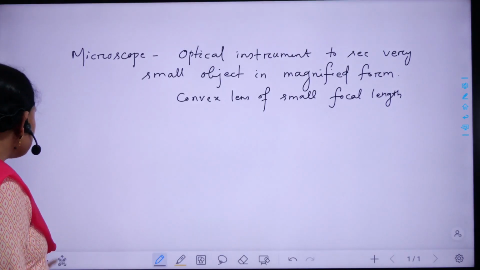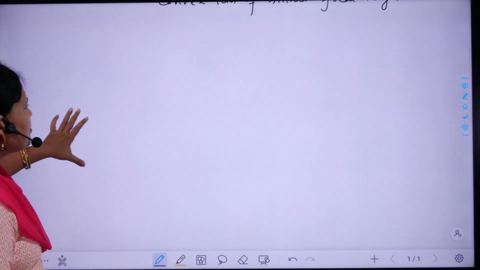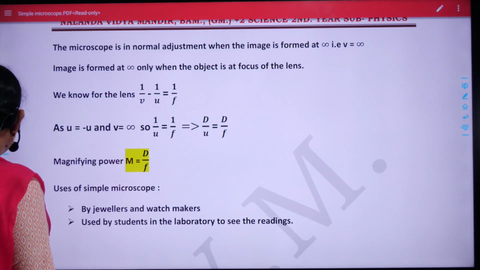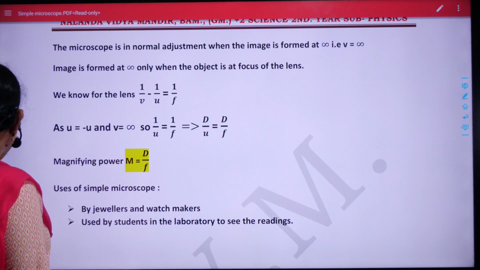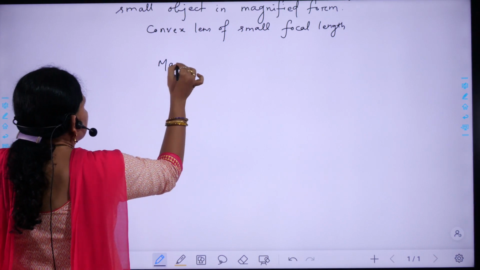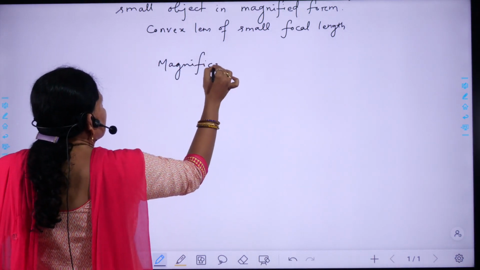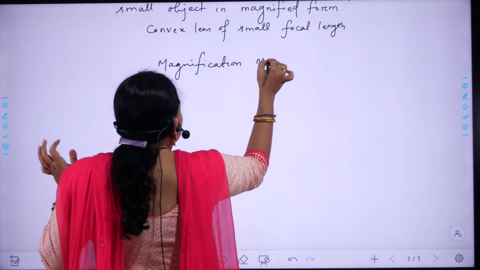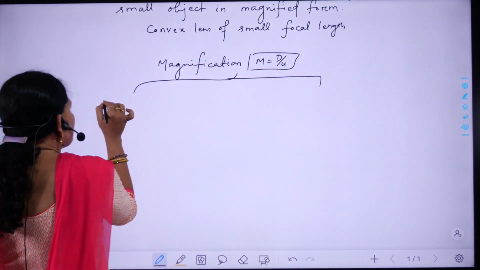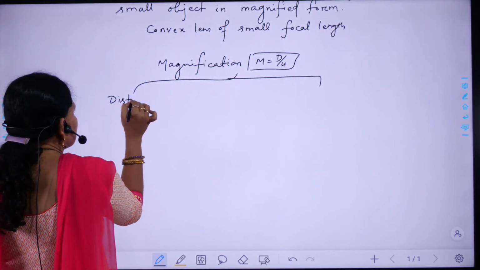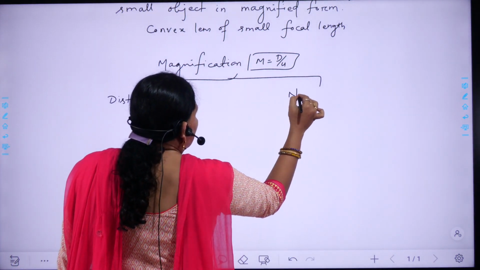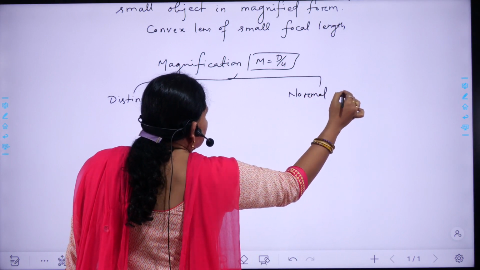So that means what we have studied till now: we have discussed the magnification, and the formula is d by u. There are two cases. One is for the distinct vision, another one is for the normal vision.